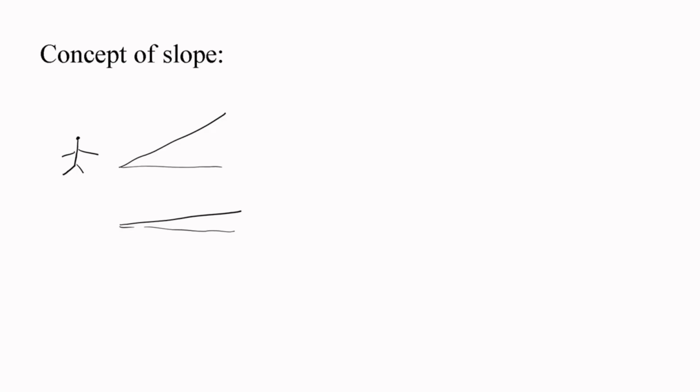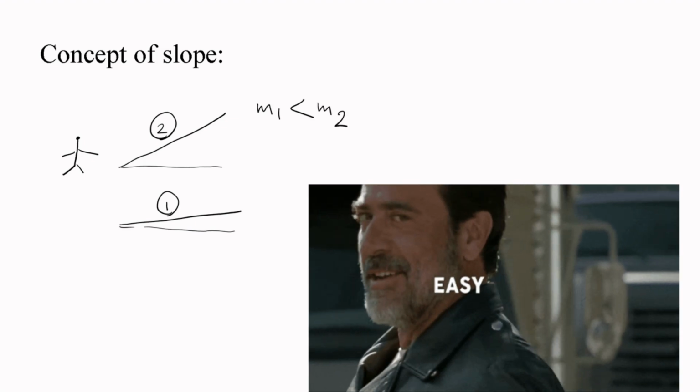You probably know that from your real life, right? If you are a wise person, you would choose the first path. Why? Because it is easier. It contains less slope. So I can write that a slope of the first one, I'm going to show the slope with m, is less than the slope of the second path.